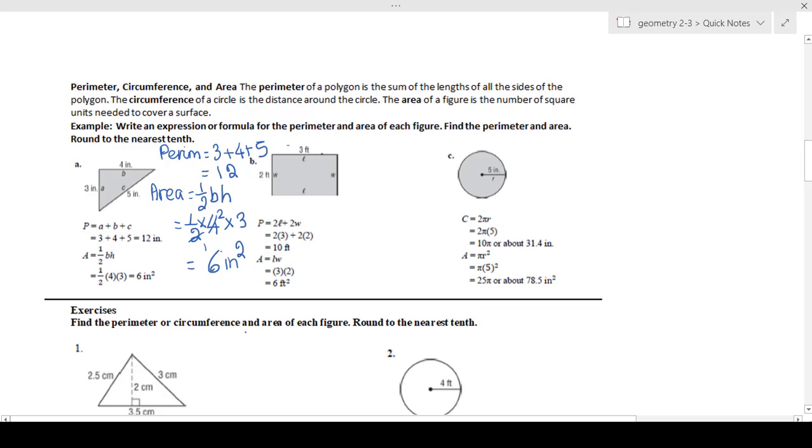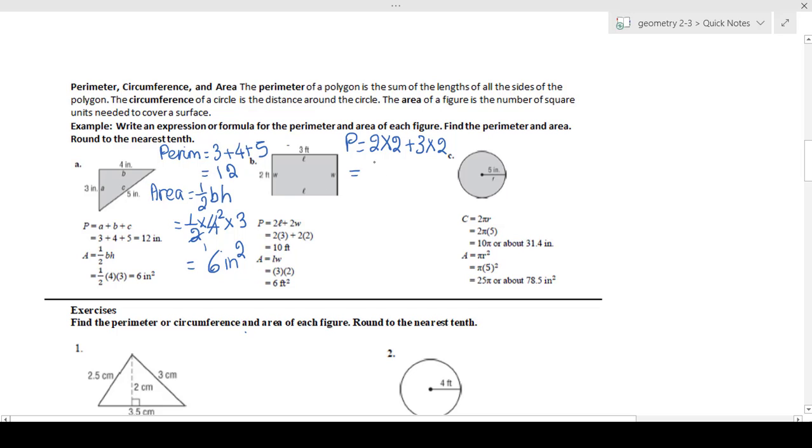This is a rectangle, so the perimeter of the rectangle is equal to the sum of the sides. I have each side is repeated twice, so I have 2 times 2 because I have here 1 and here 1, and I have 3 times 2 because I have here 3 and here 3.